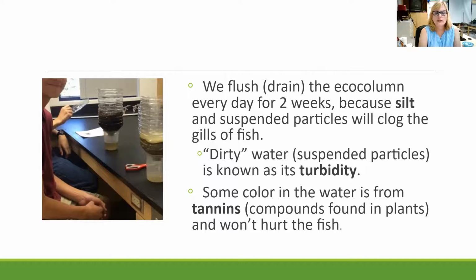So the tannins are like the dyes of the plants, and what you're really getting from your soil is there's lots of pieces of ground up bark in there, and the bark leaches out its coloring, which are tannins.